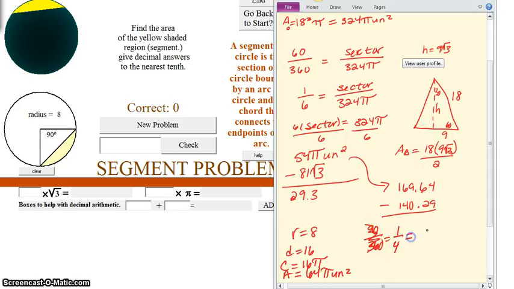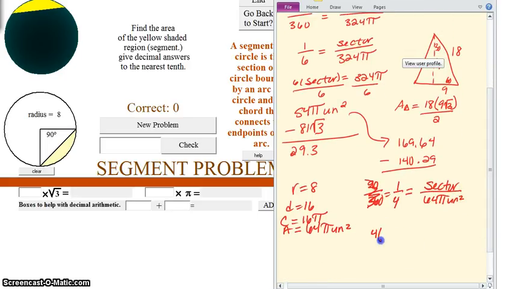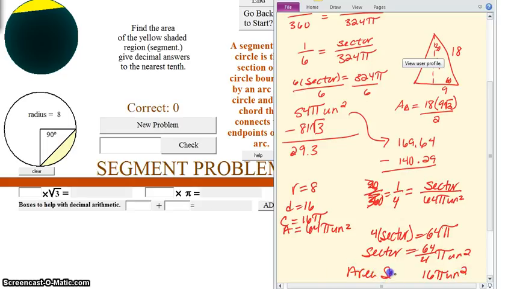So 1/4 equals the area of the sector as compared to 64 pi units squared. So 4 times the area of the sector equals 64 pi units squared. The sector, therefore, equals 64/4 pi units squared, 16 pi units squared, is the area of the sector.